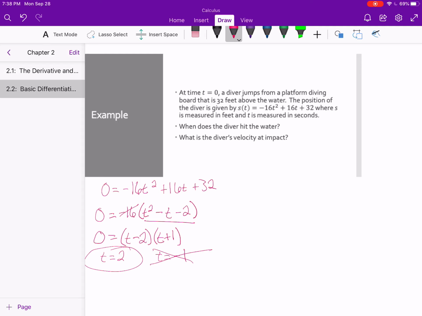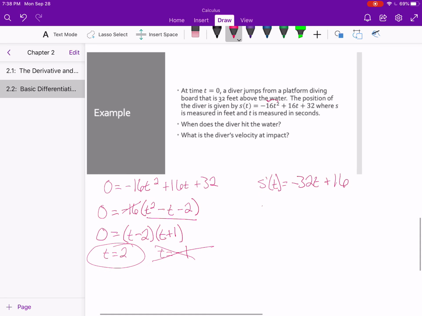Now to find the velocity at impact, we're going to find the derivative, and then we're going to plug in 2. So let's start by finding s prime of t. So we bring this 2 down times the negative 16, so we have negative 32t plus 16, and then that 32 goes away. So s prime of 2 equals negative 32 times 2 plus 16.